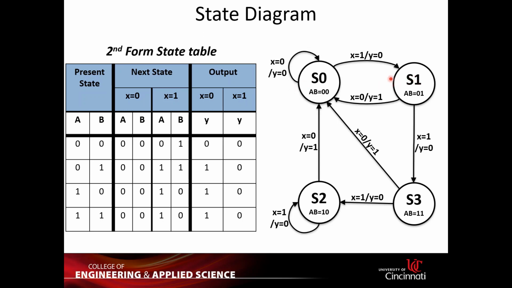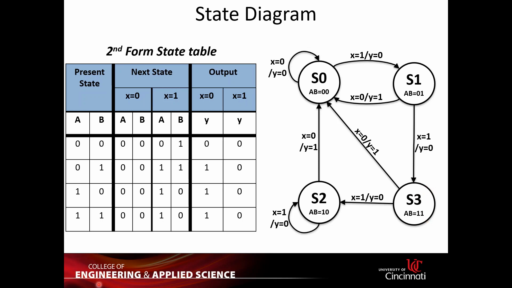So now we're at state S1, right? At state S1, when x equals 0, it goes back to state S0. When x equals 1, it goes to state S3. Now we will examine state S3.